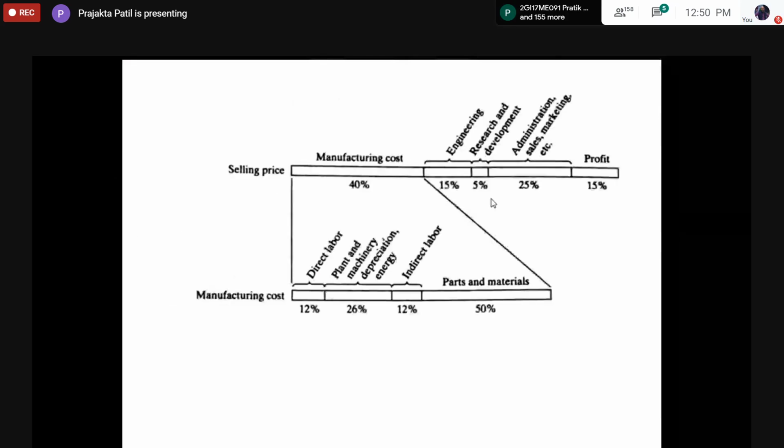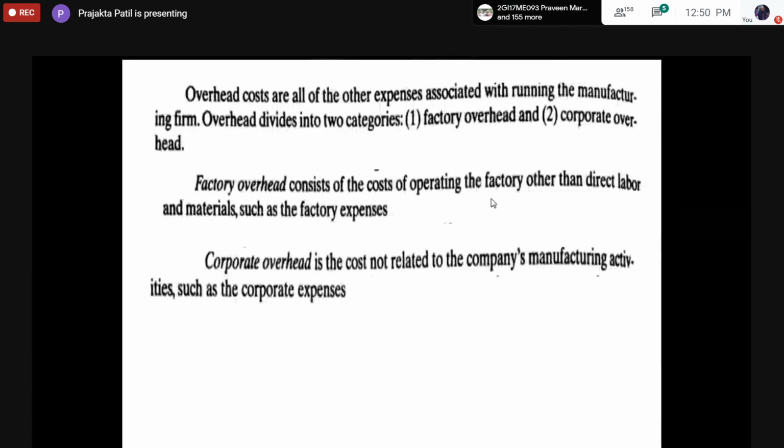Before we proceed here, about these corporate overhead costs: many companies basically operate more than one factory. If you take the example of Ashoka Iron Works, you know that there are a number of plants. We have around 3 to 4 Ashoka Iron plants around our college.